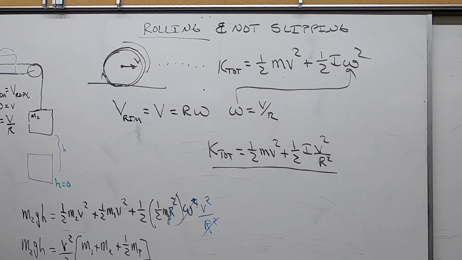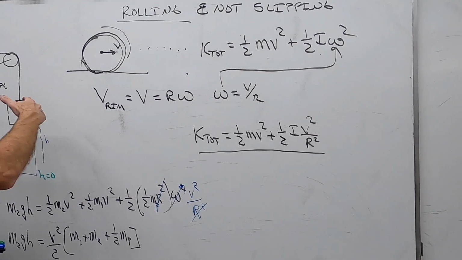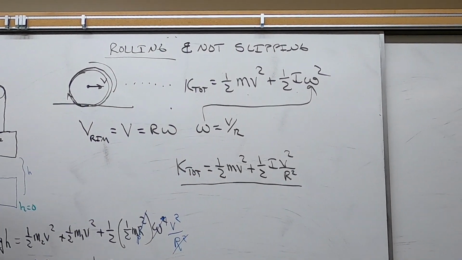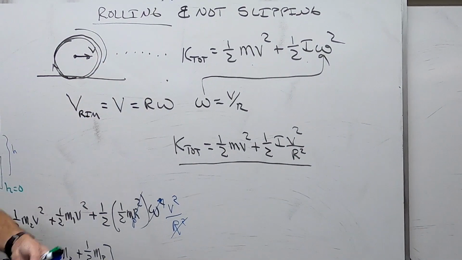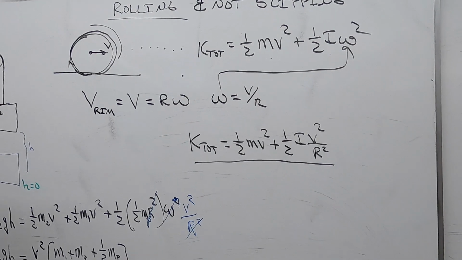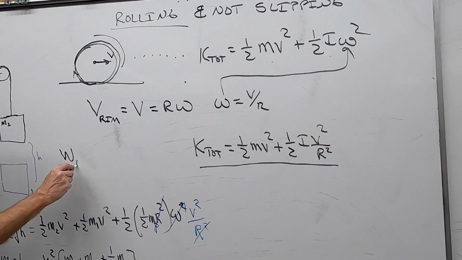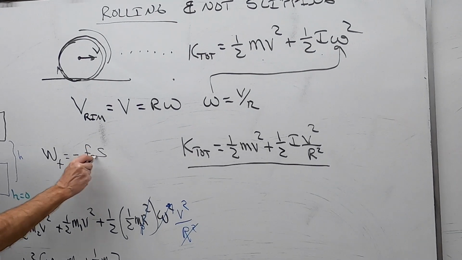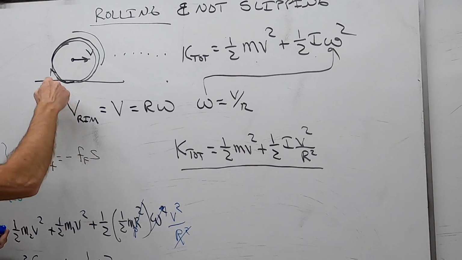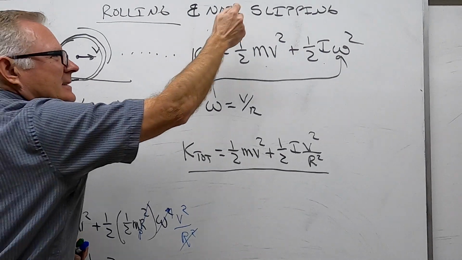Okay, now I could also ask, even though you're moving, what's the work due to friction? There is friction here. If you didn't have friction, it would slide. But remember, what's our definition of work due to friction? Work due to friction is equal to minus the friction times the distance you slid. When we're rolling, we're not slipping.